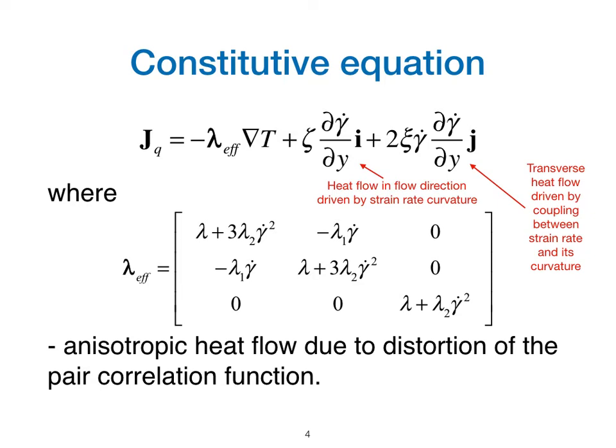So the temperature goes from a maximum, say, in the center of a channel to a lower temperature at the walls, and heat flow is driven from the center to the walls. But we can get a small component that's in the direction of the flow due to the anisotropy of the thermal conductivity tensor.